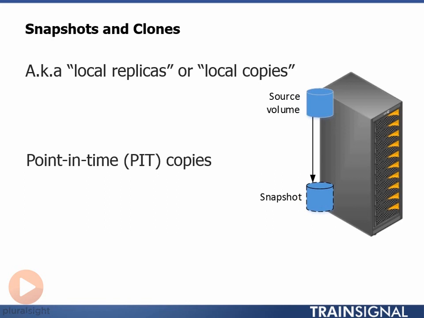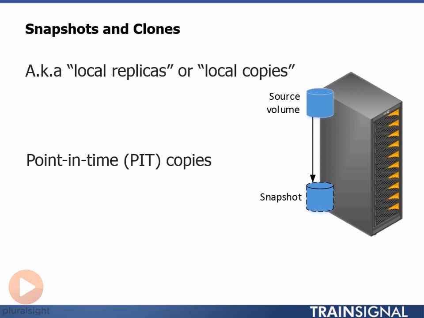Point-in-time telling us that these represent how a volume was at an exact point in time, something like 5 p.m. on Saturday, for example. So if we take a snap of a volume called volume A at 5 p.m. on Saturday, the resulting snap will represent an exact image, replica, copy, whatever you want to call it, of volume A as it was at exactly 5 p.m.